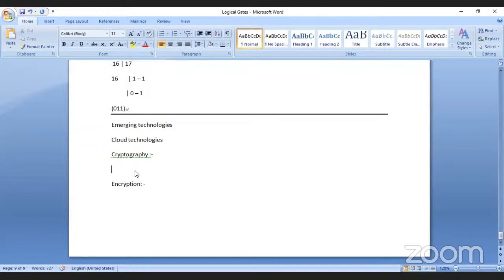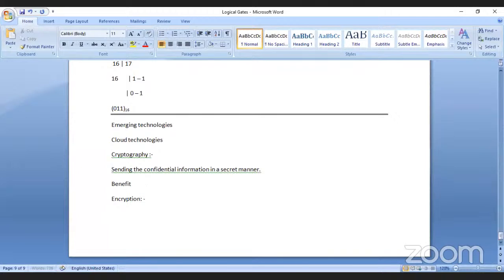I'll write the information on the notepad, means a word file. Just a minute, I have disconnected from the internet and connected again.